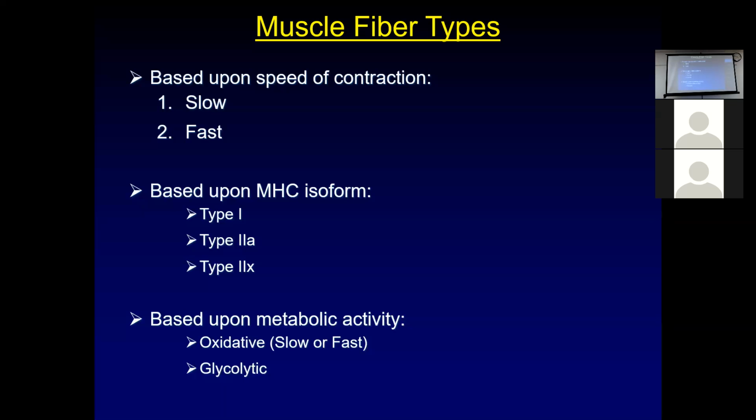What we know now is that this fast versus slow is dependent upon an enzyme that exists in the head of the myosin molecule. That enzyme is controlled by what here it says, MHC. The MHC stands for myosin heavy chain.